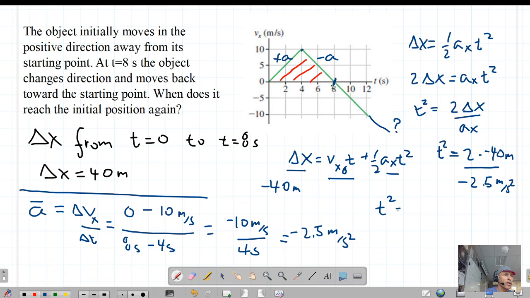So t squared equals negative 80 meters over negative 2.5 meters a second squared, and that gave me 32 seconds squared. So then I take the square root of everything, and t equals 5.66 seconds approximately.